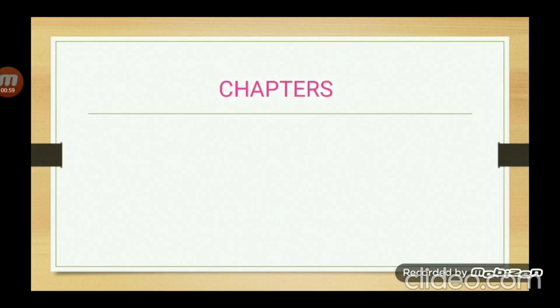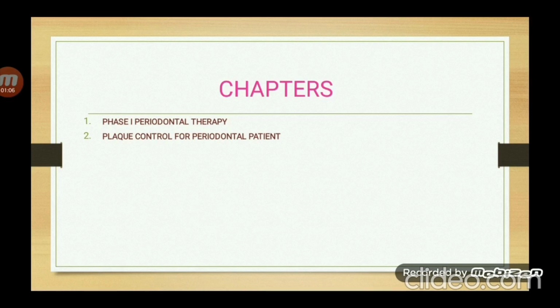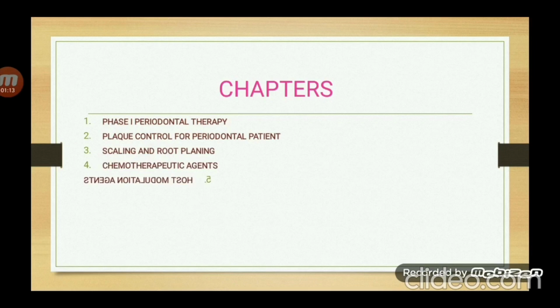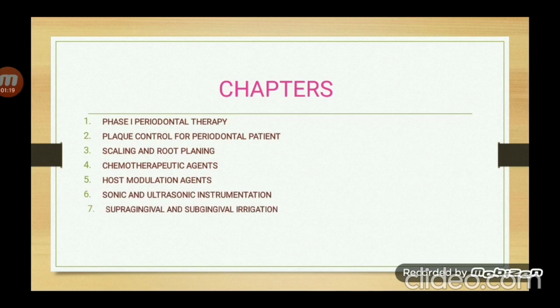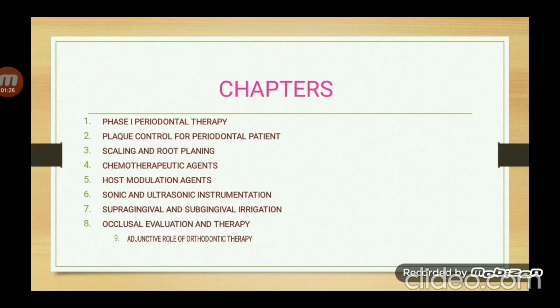The chapters encountered under this topic are phase 1 therapy or periodontal therapy, plaque control for periodontal patient, scaling and root planing, chemotherapeutic agents, host modulatory agents, sonic and ultrasonic instrumentation, supragingival and subgingival irrigation, occlusal evaluation therapy, adjunctive role of orthodontic therapy, and the periodontic endodontic continuum.